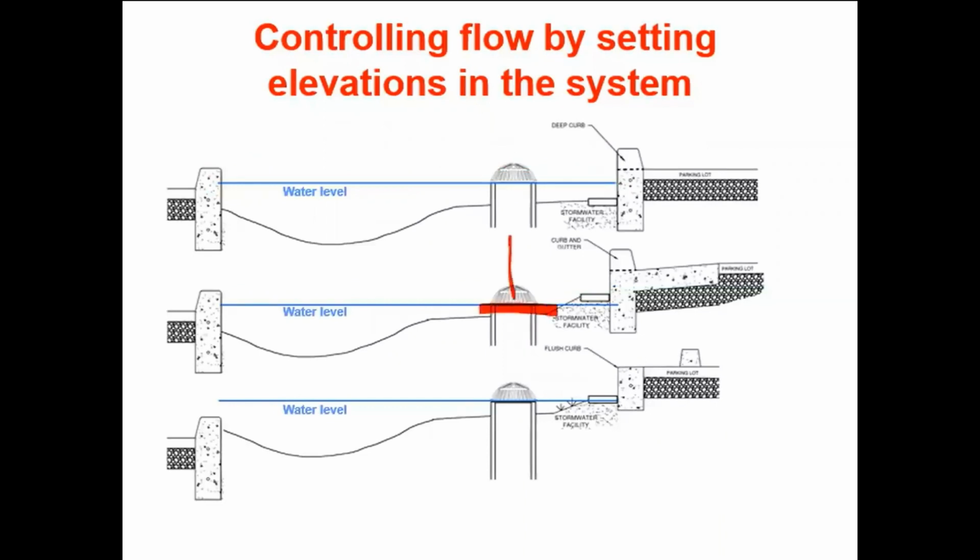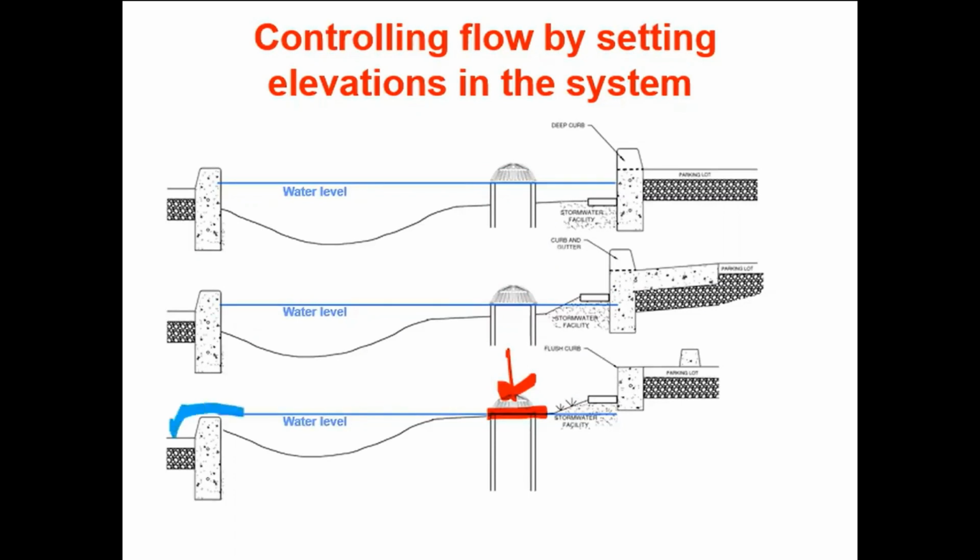We've simply lowered the raised drop inlet so that the water level is well below the curb that is downhill of the bioretention system. This third one, however, is a little more challenging. We just lowered the raised drop inlet, but we haven't lowered it enough to keep it from flowing over.